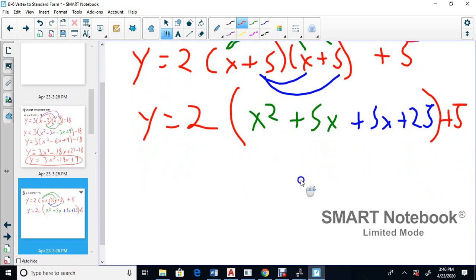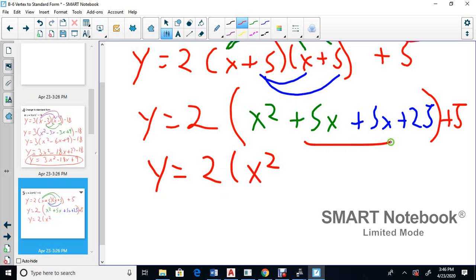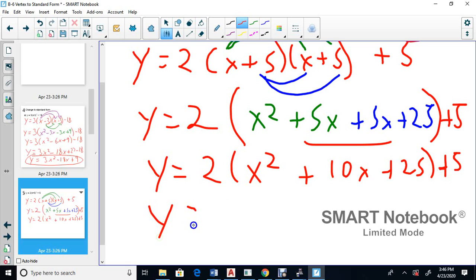I'm going to scroll down and continue. So y equals 2, and you get x squared. You add the two middle terms, so plus 10x, and then plus 25, and a plus 5 at the end. Okay, now you multiply everything by 2. So I might have not shown this on the last video, but the 2 goes to here, goes to there, and the 2 goes to the last one.